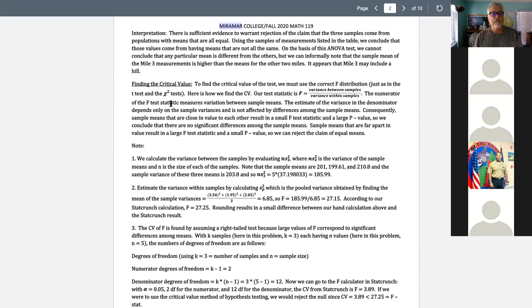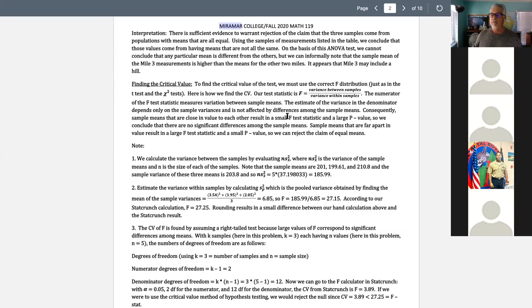So the numerator of the F test statistic measures variation between the sample means. We look at the X bars, and we have K of those, where K is the number of samples. We have to see how those vary, what their standard error is, and then compare it. The estimate of the variance in the denominator depends only on the sample variances and is not affected by differences among the sample means.